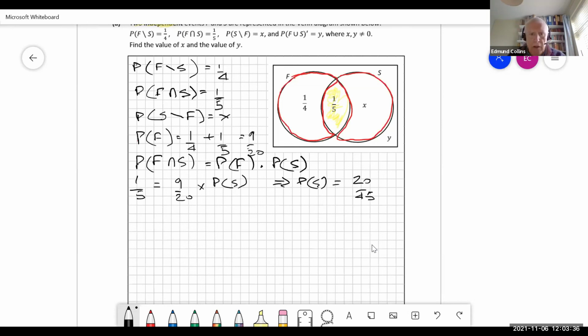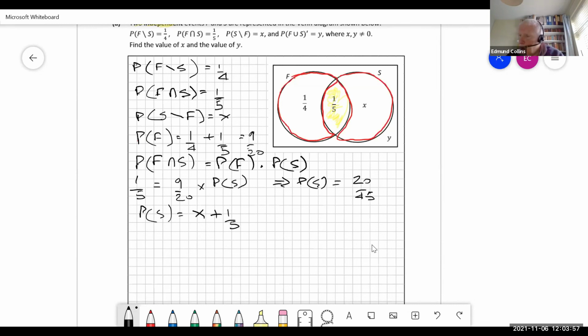But the probability of S is also equal to X plus a fifth. So it's the full circle, if you like, the full circle S here.